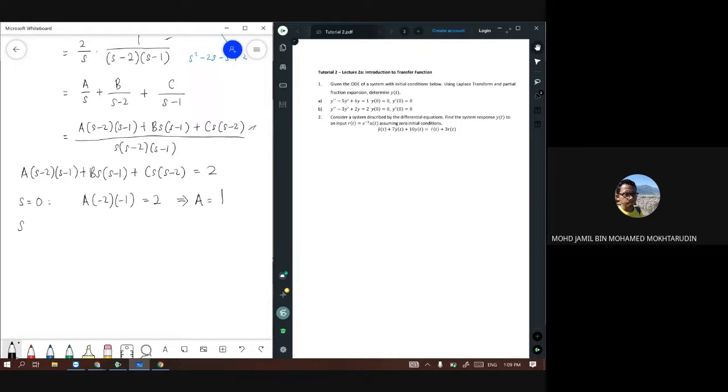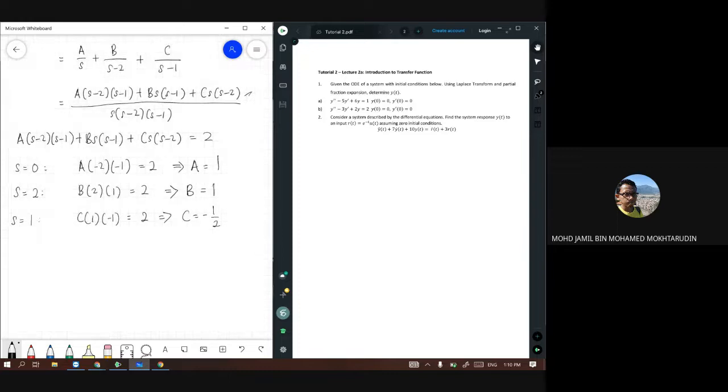So find B. So assume s equals 2. So B times 2 times 1 equals 2. So B also equals 1. And then lastly, find C. So assume s equals 1. So C times 1 times minus 1 equals 2. So you get C equals minus 2. Then substitute back into the partial fraction.